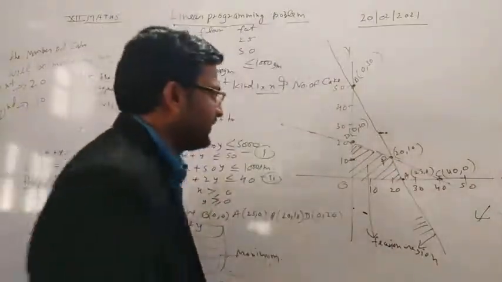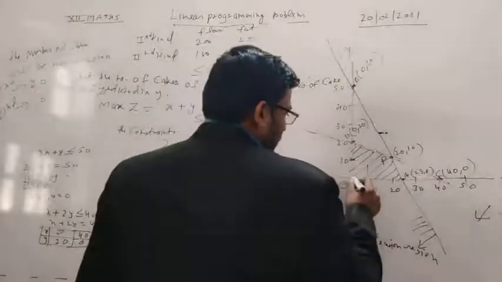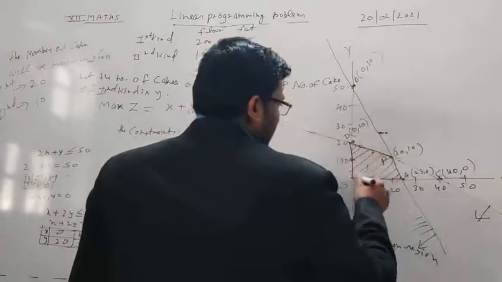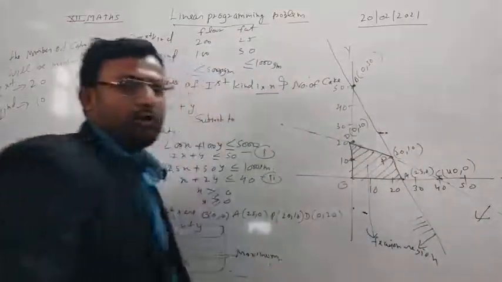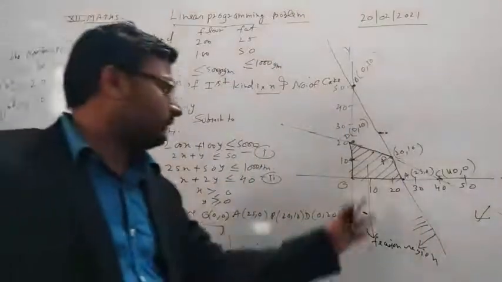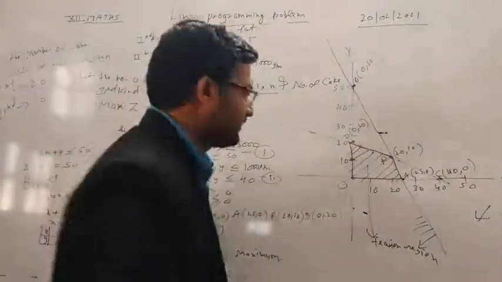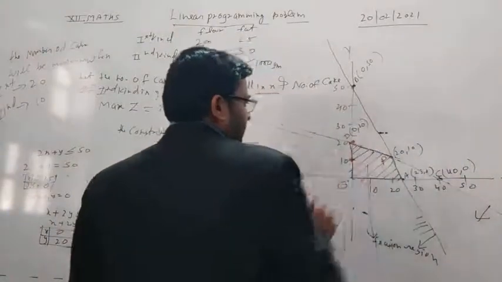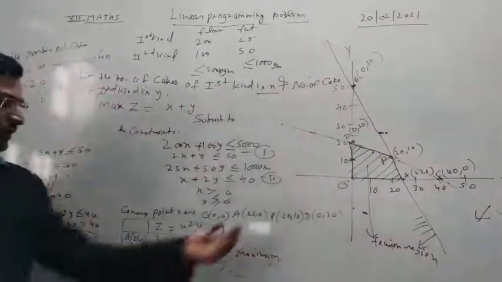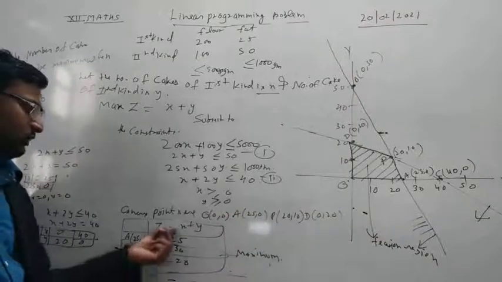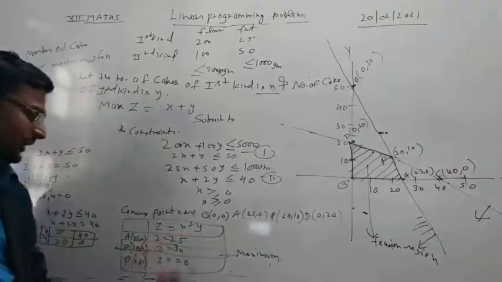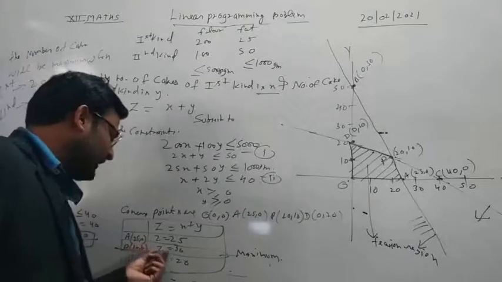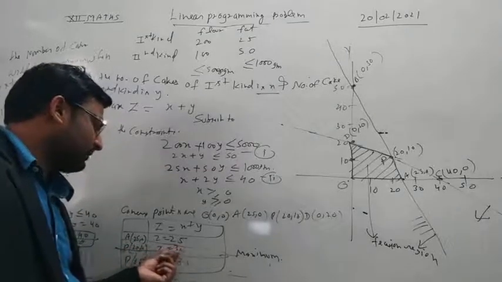Now students, one by one using these inequalities, we draw the graph of these inequalities. We see that O, A, P, D is our bounded region. This is called the feasible region, and these are the corner points. We find the value of maximized Z at the corner points. At point P, which is (20, 10), our maximum Z is 30.